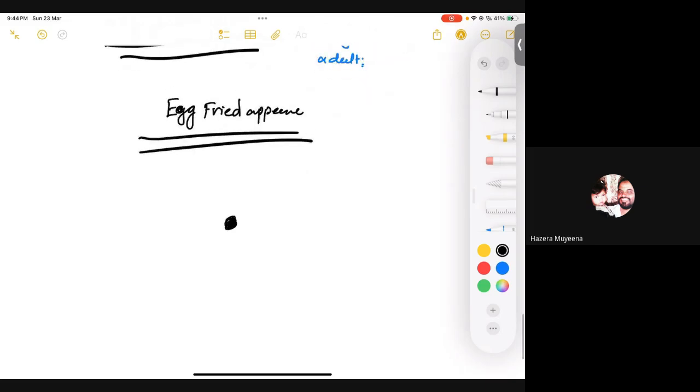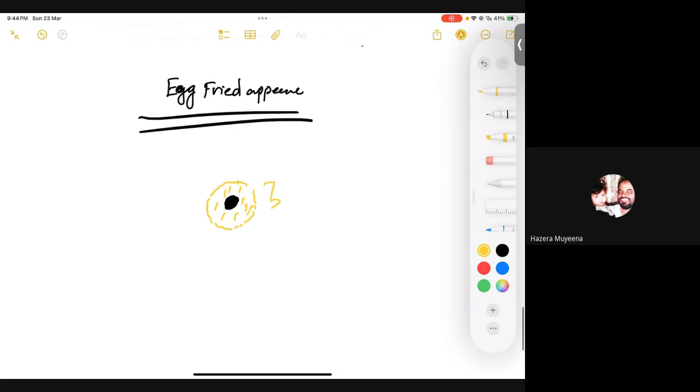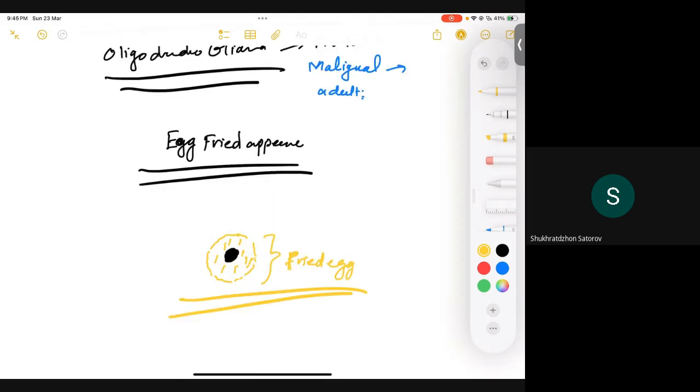You are going to have a central nucleus, and surrounding this nucleus will be an area of whitish kind of area on your histopathological side, which would just resemble a fried egg, like a frying pan egg.